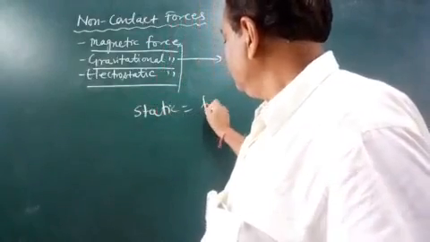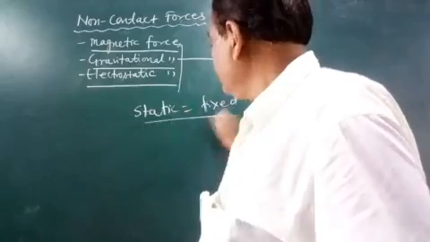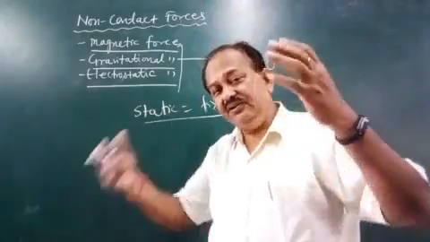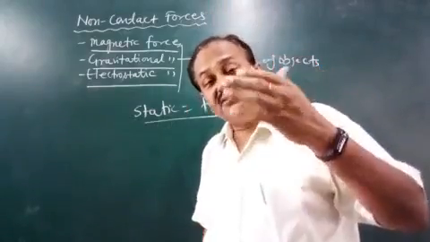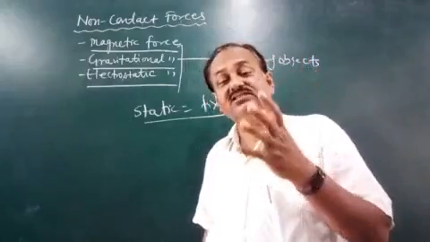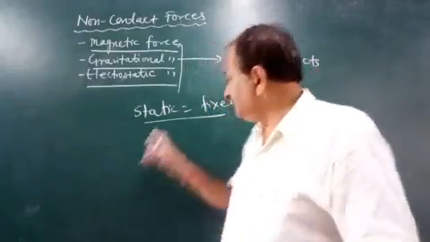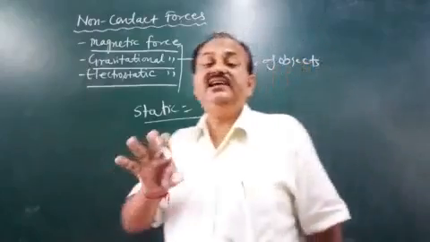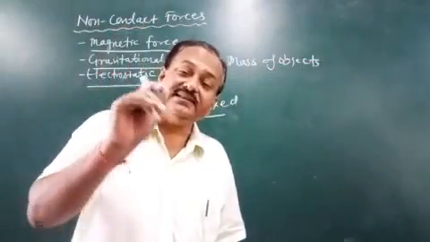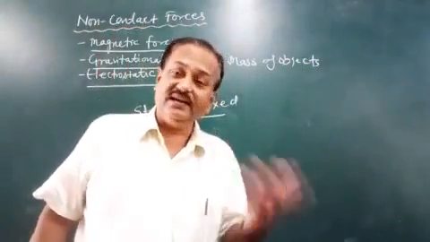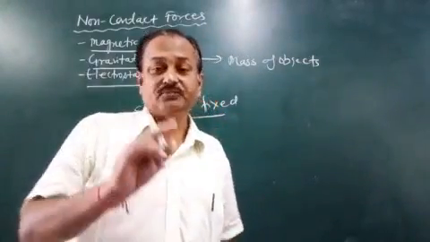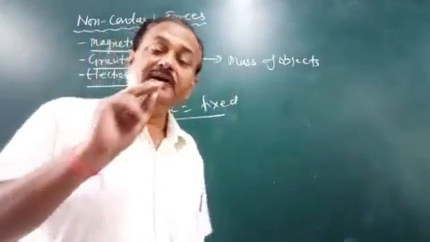Static means fixed. So the charge when we comb our hair or when we wear the sweater, the comb or the sweater or blazer has some fixed charge, a static charge, and the charges are able to attract or repel other bodies. So we can have sparks and attraction of very small pieces of paper or hair, etc.